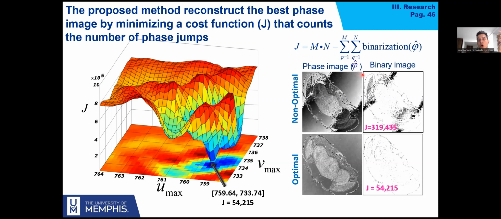a summation of all pixels after a binarization process. So what is the secret? Let me explain. When the reconstruction is not optimal, there are dark pixels. Trujillo just demonstrated that in a previous work, right? So after the binarization, you will obtain pixels that become dark.